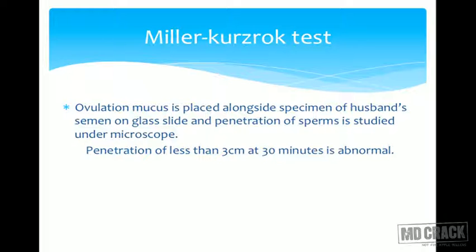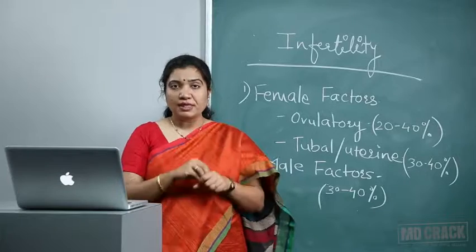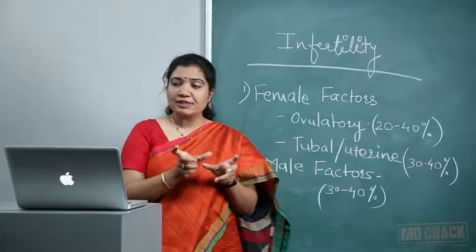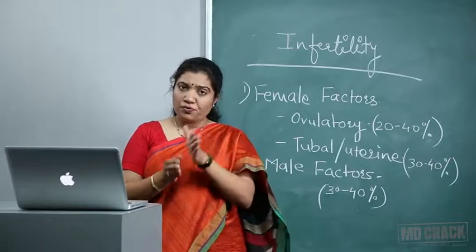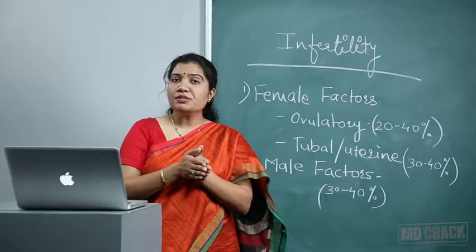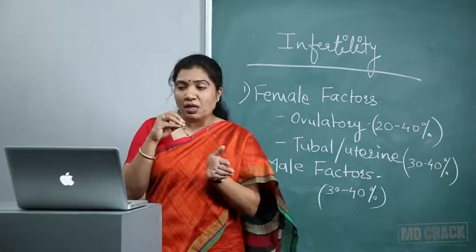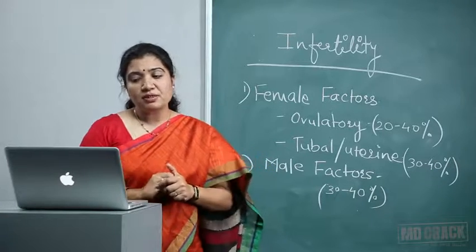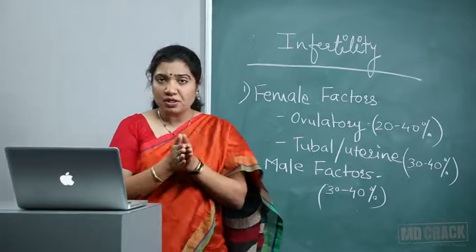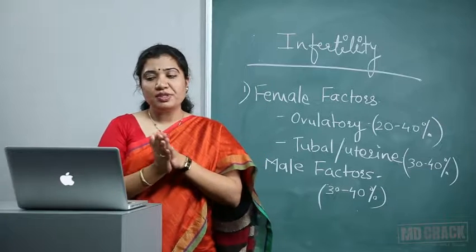Other test, Miller-Kurzrok. Ovulation mucus is taken and placed on a slide. Half of the slide has cervical mucus, and on the other half, husband's semen is placed, and the reaction is seen at the interface.